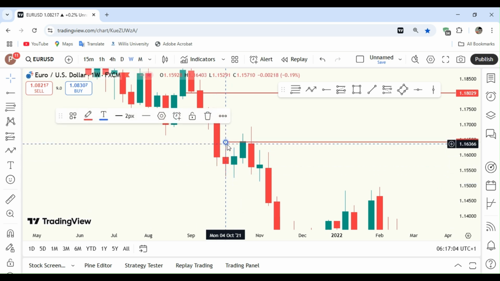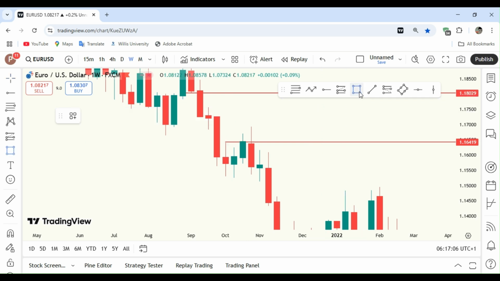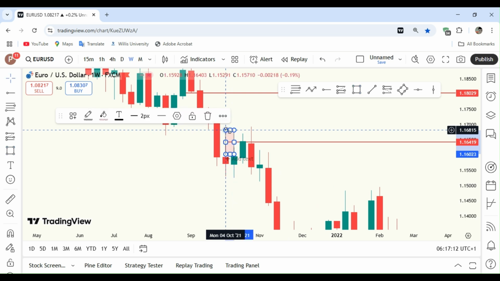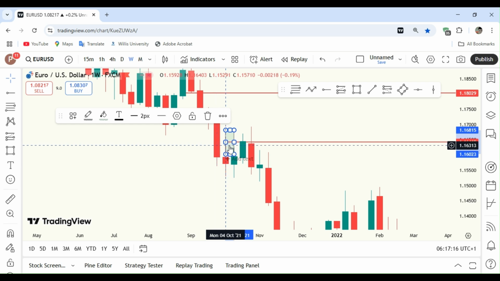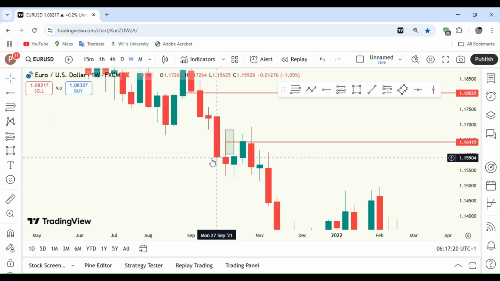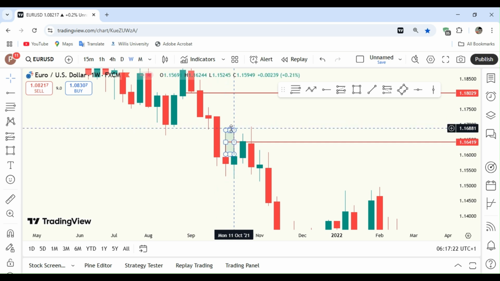In as much as it did not close above this previous candle, we still consider this market bearish.